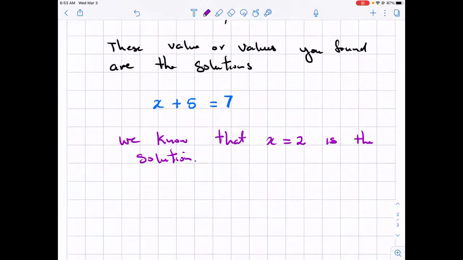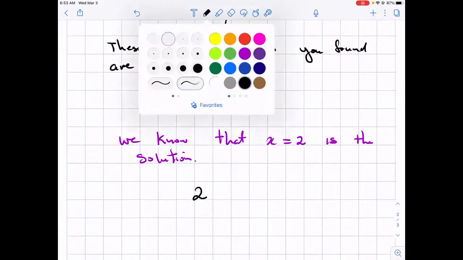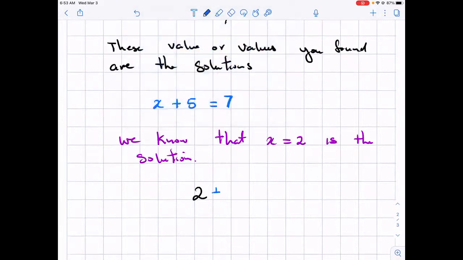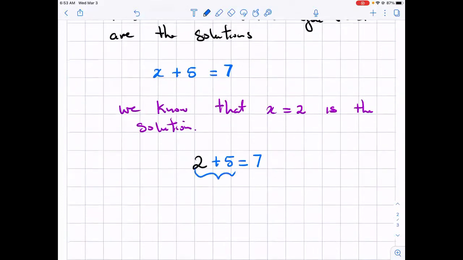We can see this because if we take 2 and we add 5 to that, and then we combine these two, we get 7 is equal to 7. And 7 equals 7 is a true statement. That's our goal.